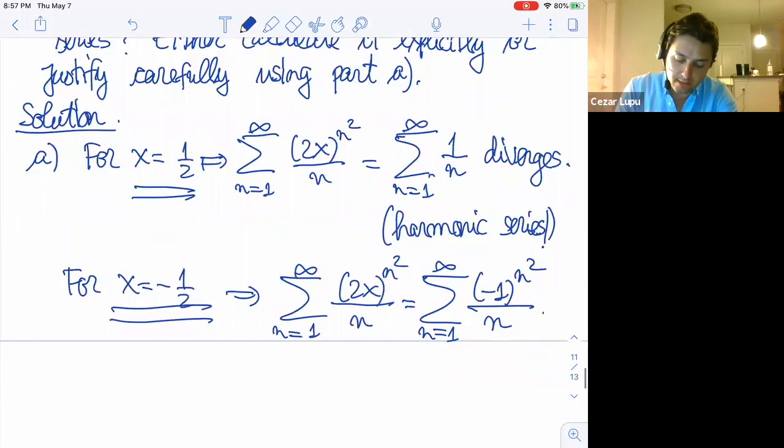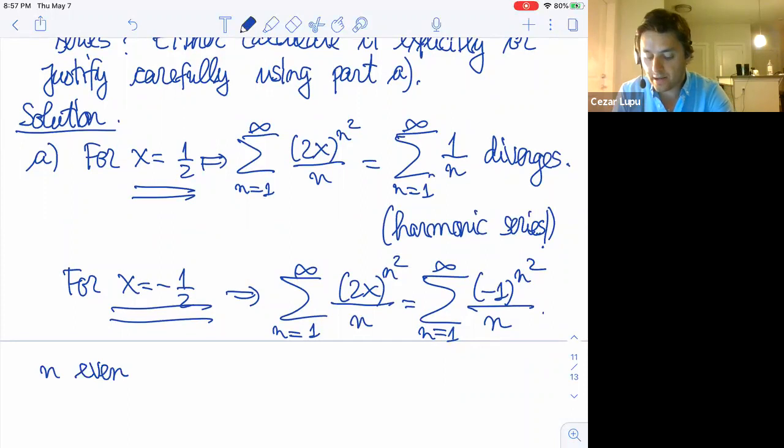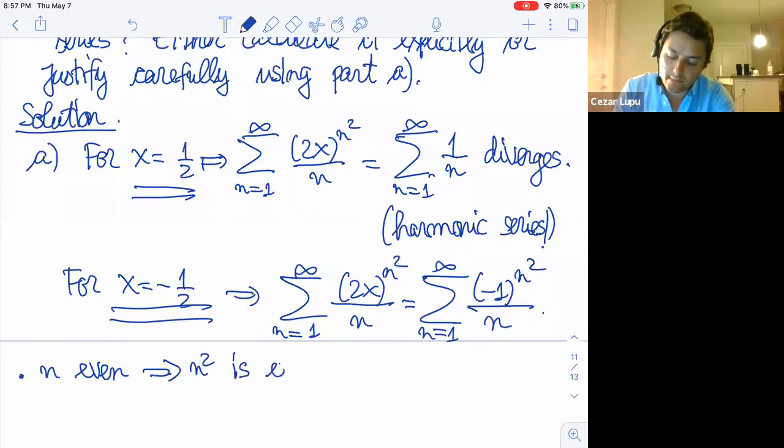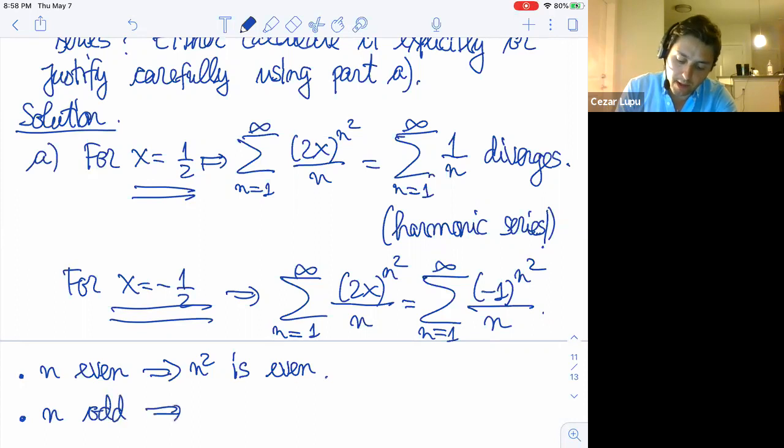Well, let's see two cases. When n is even, it follows that n squared is even, and also when n is odd, one can prove that n squared is also odd.